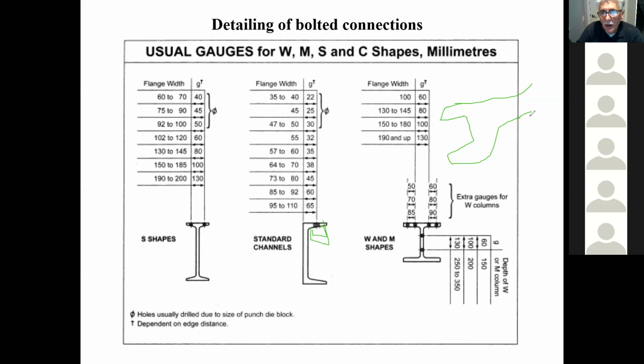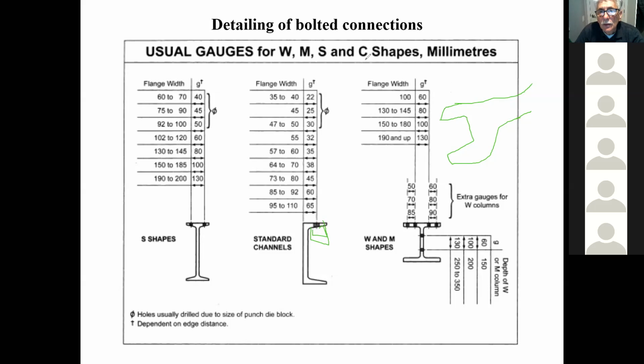So this table will guide you if you need to connect S shapes, W shapes, or channels across the flanges. What are the gauge distances you have to maintain so that it's easier for them to erect your structure?